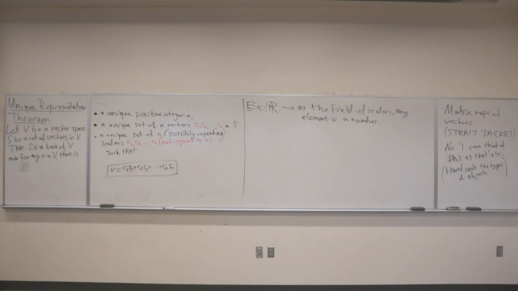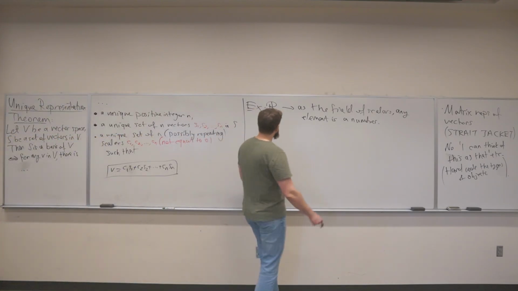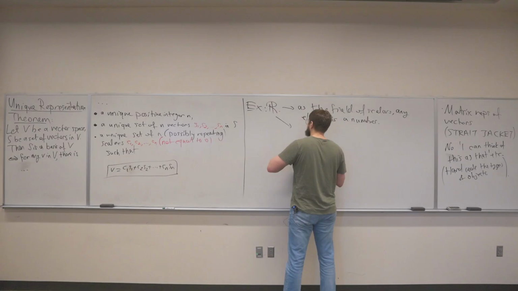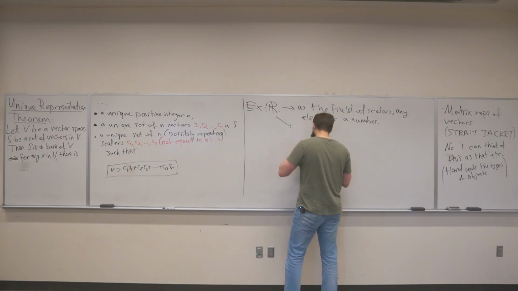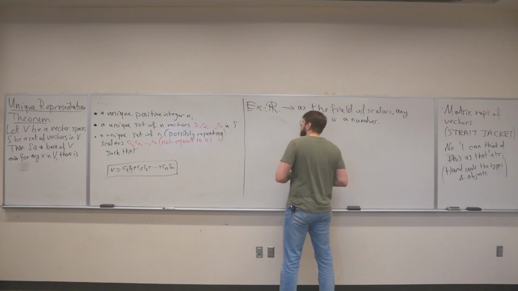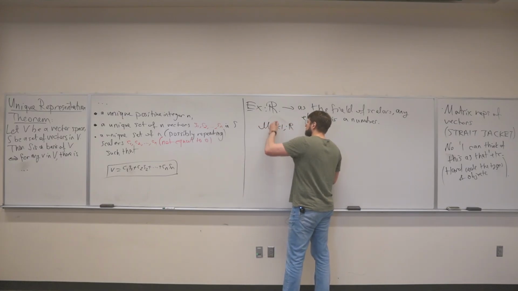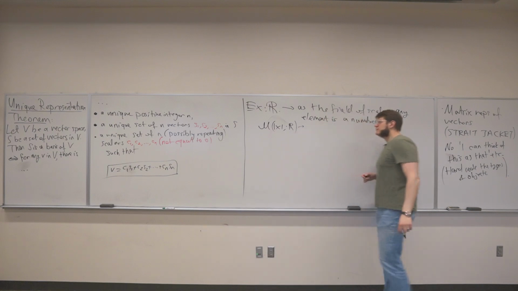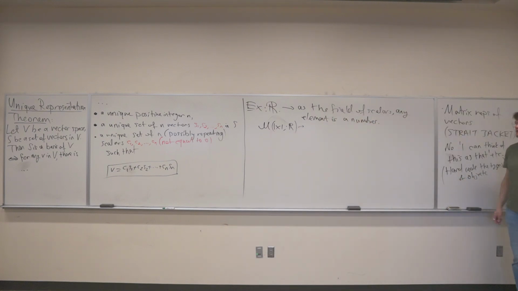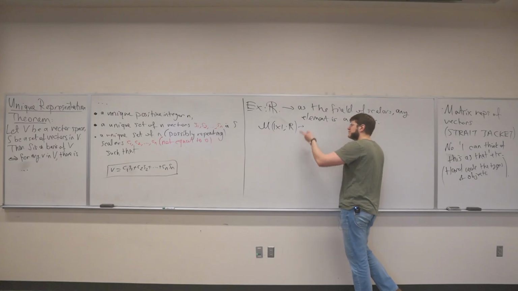In the sense that I can think of the space of 1 by 1 matrices. If I'm thinking of R as that, I'll write it like this. If I'm thinking of R as a space of 1 by 1s, the elements in this set of 1 by 1s are of the form open paren, a number n, close paren.